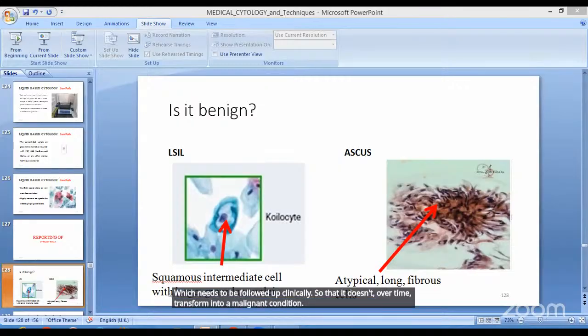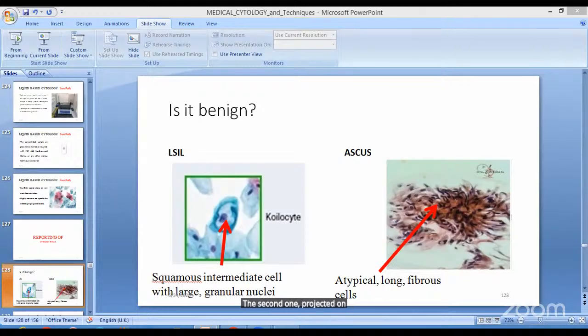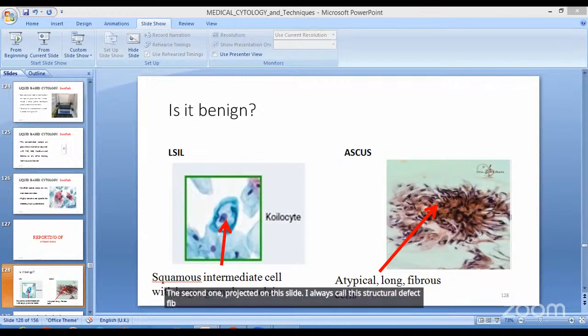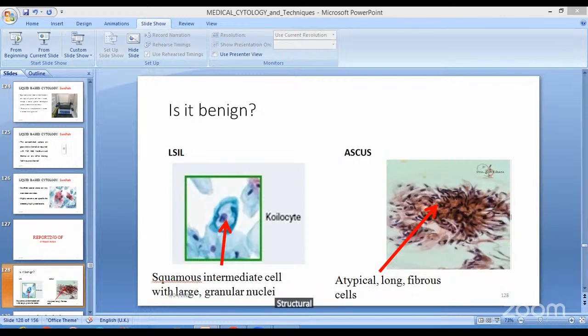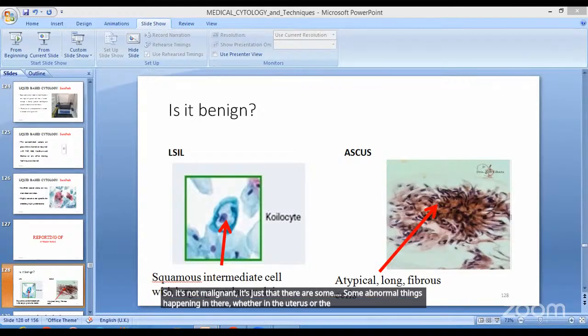The second one projected on this slide, I always call structural defect fibrous cells. You can see they are long, with central, small nuclei. The nucleus is not big relative to the cytoplasm. So it's not malignant. It's just that there are some abnormal things happening in there, whether in the uterus, the fallopian tube or the vagina.